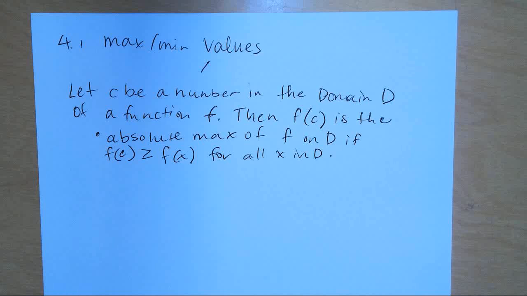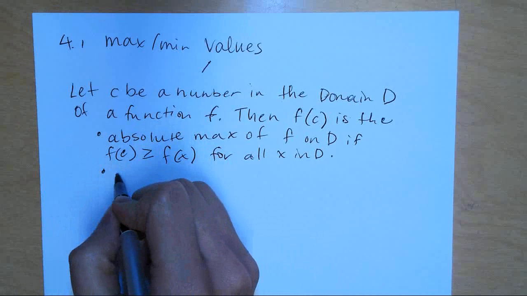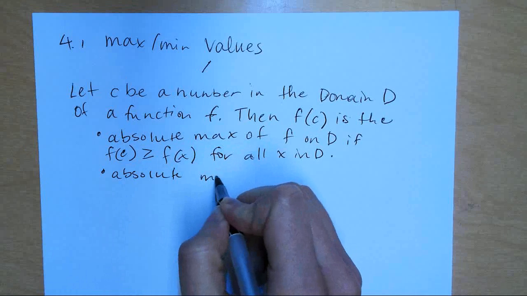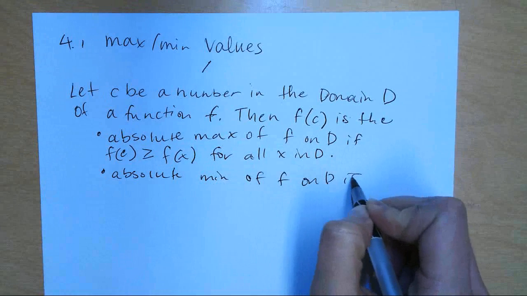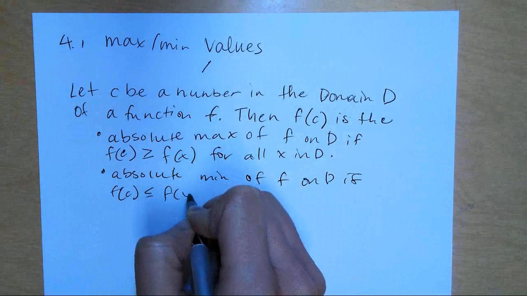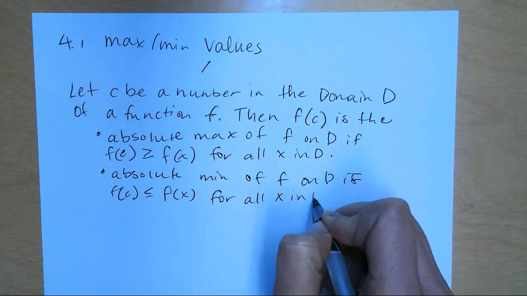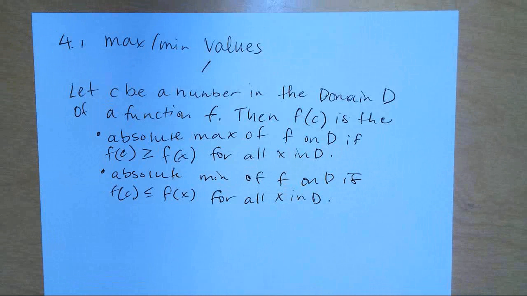Okay, it's an absolute minimum if f of C is less than or equal to f of x for all x in D. So again, is there a lowest y value?